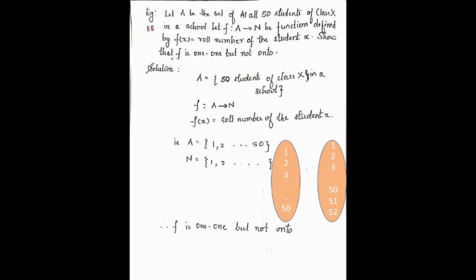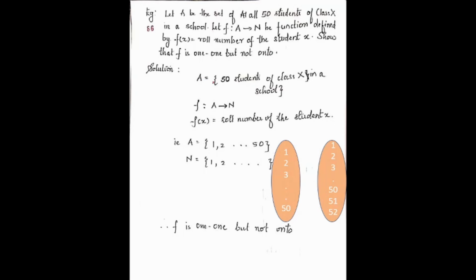Show that f is one-one but not onto. That is, x should have a distinct image under f, right?